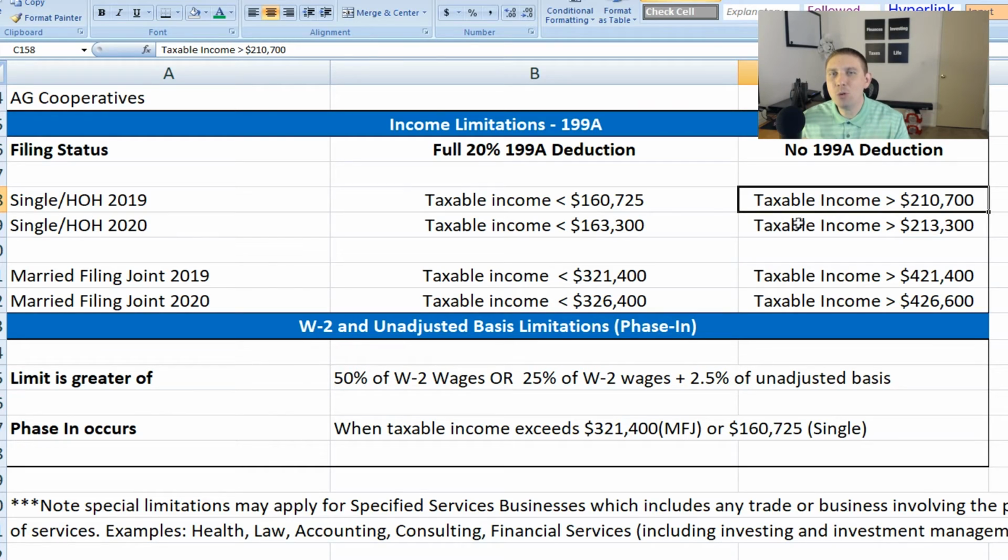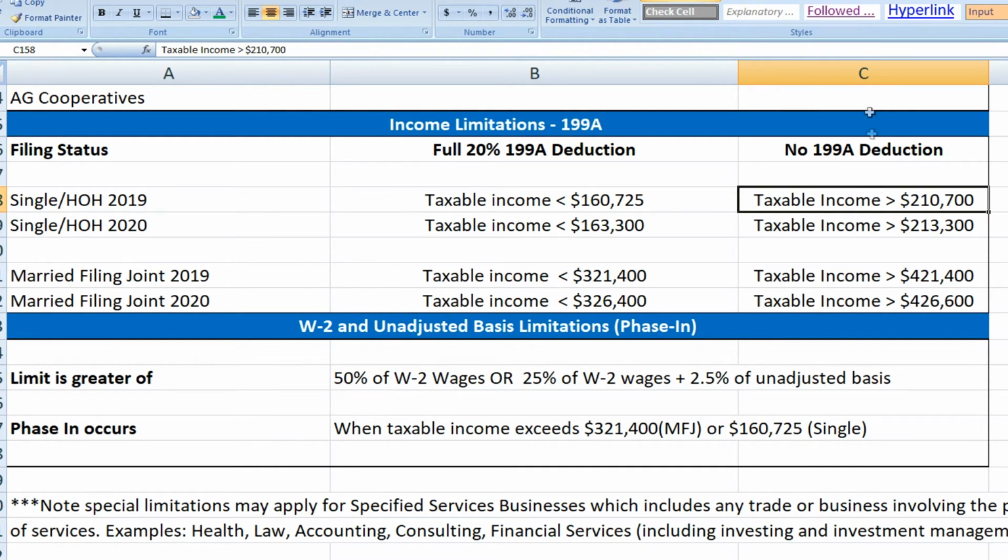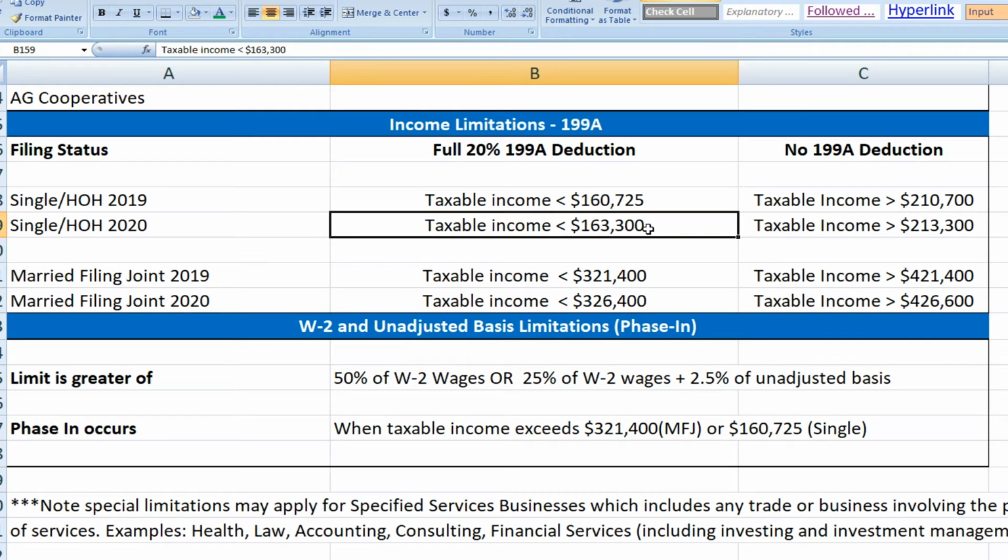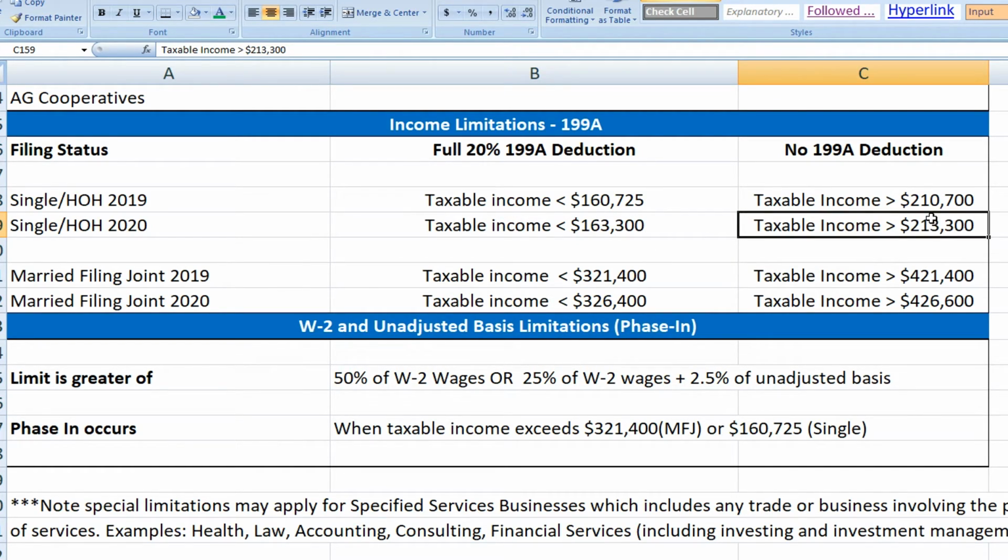You get no 199A deduction once your income exceeds these amounts. However, there are exceptions if you're not a service business. Once your income exceeds these amounts, you may no longer be able to receive a 199A deduction. If your income is in between those amounts, like the 163 right here and the 213 right here, for example, you might be able to get a partial 199A deduction based on your circumstances.